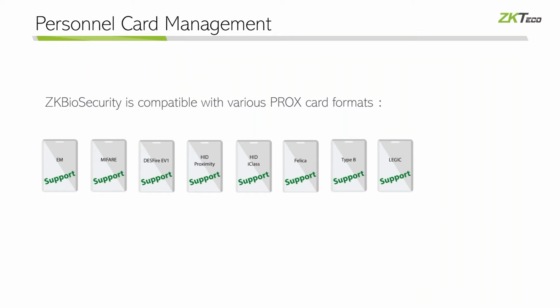Also, several types of access control devices, like, for example, the ProFace X TD and the SpeedFace V5L TD, which are very interesting devices because they provide face recognition and also temperature detection, which for obvious reasons is quite important right now.